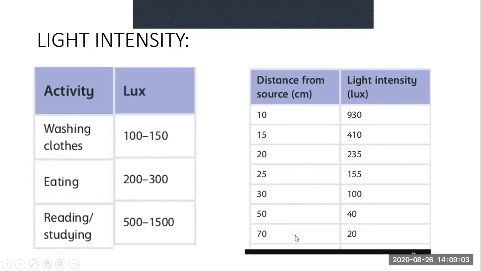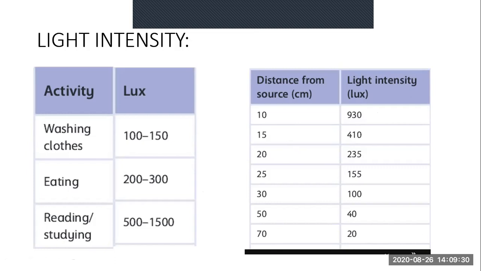If it is far away, light intensity is lower. In distant places, it will be dark. If it is near to the light source, it will be bright. This is a very bright place. This is a very dark place. Okay, I hope you understood.